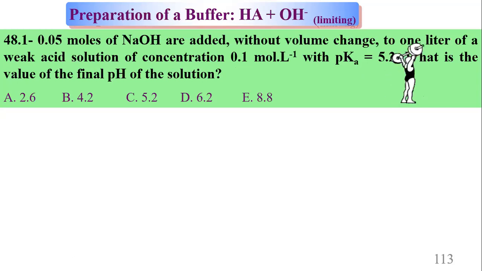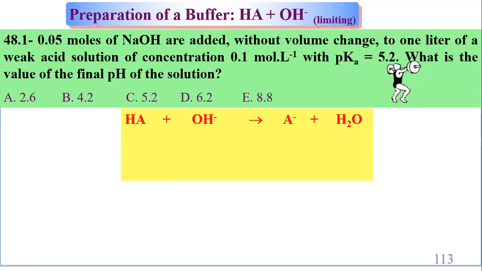So here at the moment, we don't really know what's going to happen to the solution until we do a stoichiometric calculation. So of course, this weak acid will react with my strong OH minus upon mixing, and you will produce A minus and water, just proton transfer. We're going to use a moles chart, sometimes millimoles chart, depending on the question given.